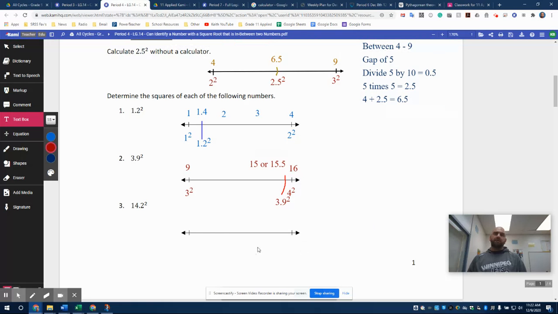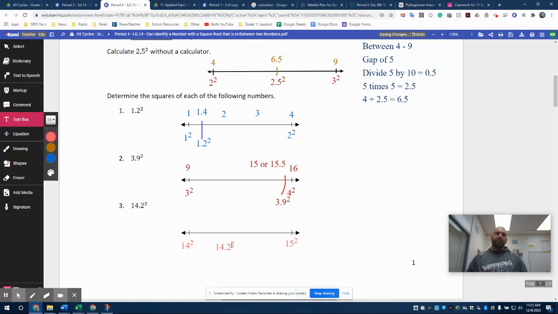I'm going to show you this method on the last one because I think the last one's probably the easiest one to see it on, or maybe the most helpful, I should say. We're going to look at 14.2 squared and try to estimate where this fits on our line. Right below 14.2 is 14, and right above is going to be 15 squared.